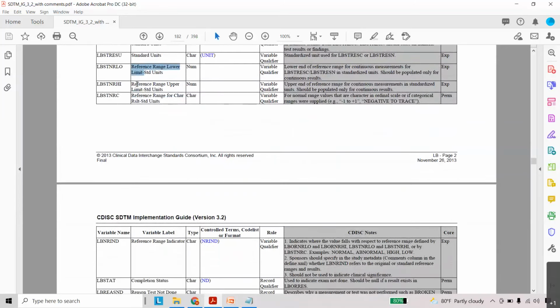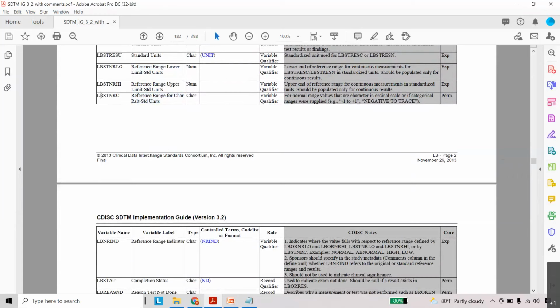Next one is LBSTNRC, the reference range for the character results in standard units. As we have the reference range lower limit for the numeric results, we have the reference range for the character results also.